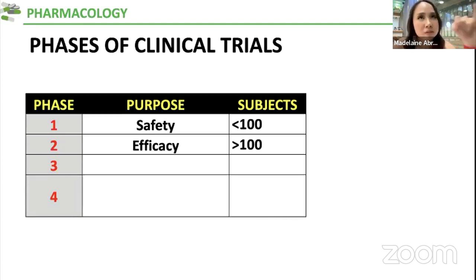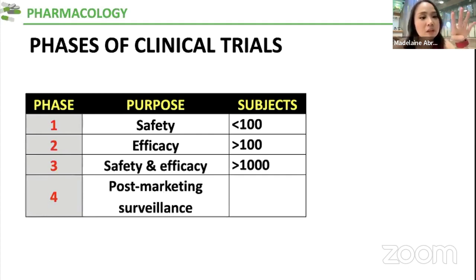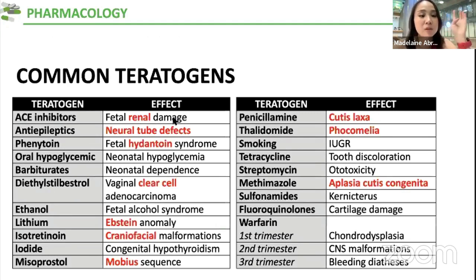Then once you know it's safe and effective, phase 3, therefore, is your safety and efficacy. That's more than 1,000. Then your last phase, post-marketing surveillance, where you test it on tens of thousands or hundreds of thousands of people because you already know it's safe and effective. So again, safety, efficacy, post-marketing. This is also applicable for your PrevMed if it comes out.